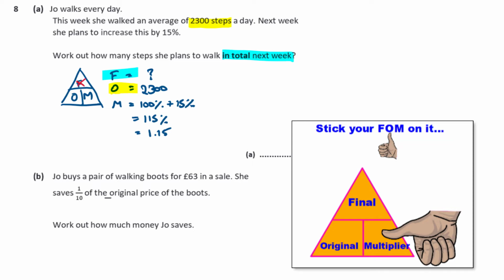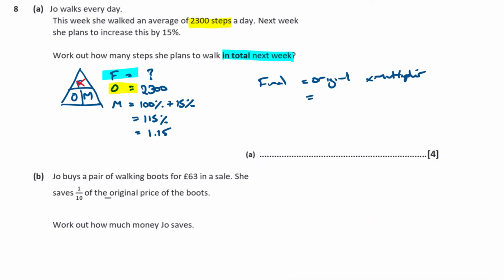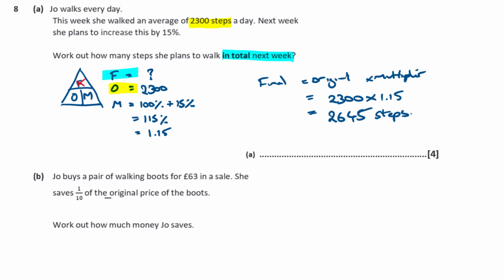So final equals original times multiplier, which is 2,300 times 1.15. Okay, tappity tap into the calculator. 2,300 times 1.15 comes out to be 2,645. 2,645 steps.